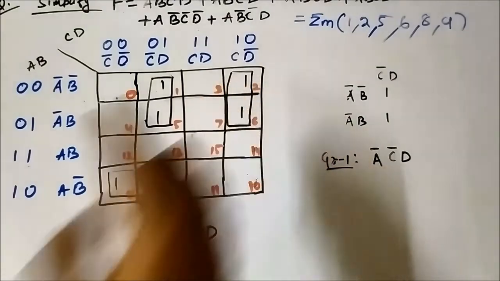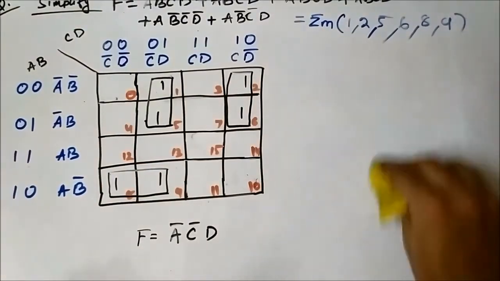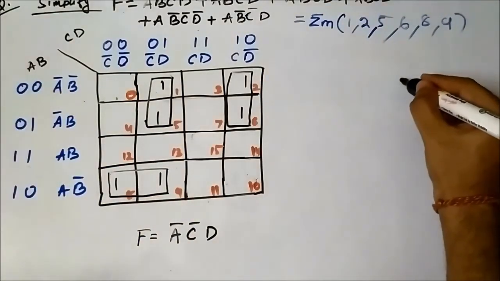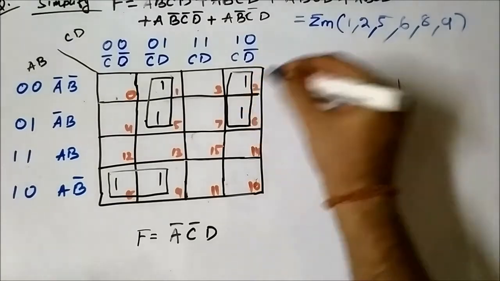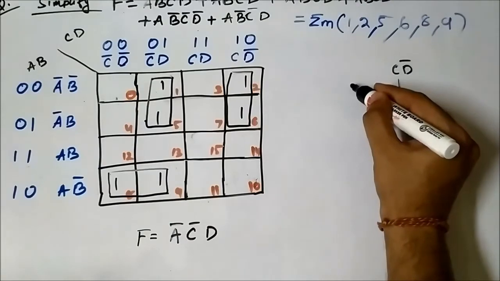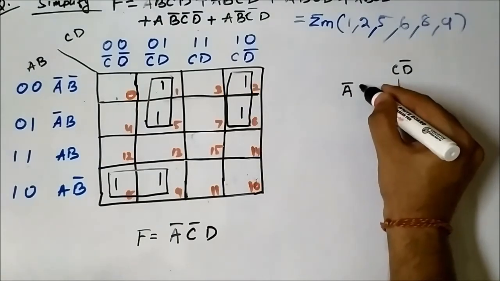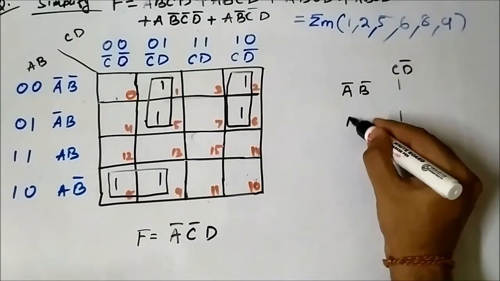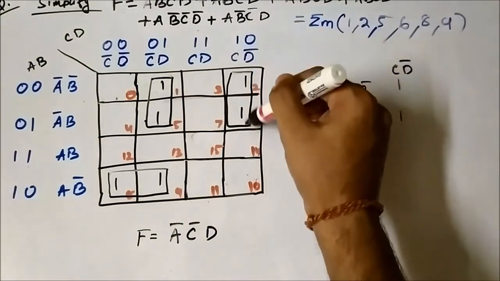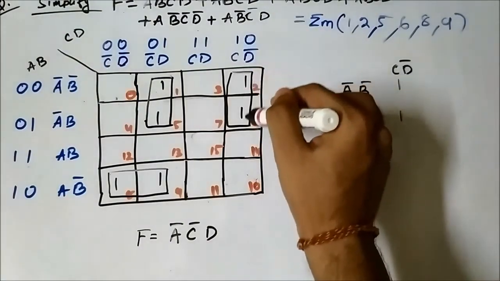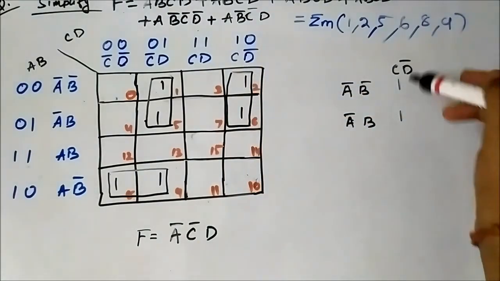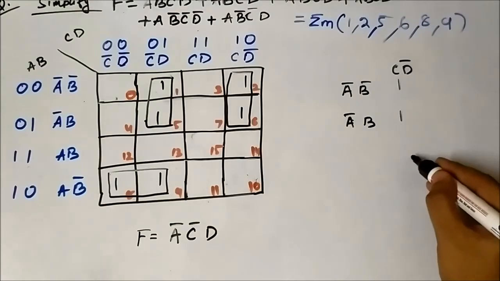Now is the turn of this pair. Let us write the horizontal and vertical variables: C D bar, and A bar B bar, A bar B. From the vertical side, C D bar is common in both the cells, so C D bar will be there.